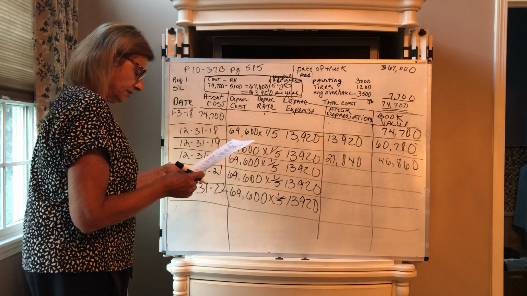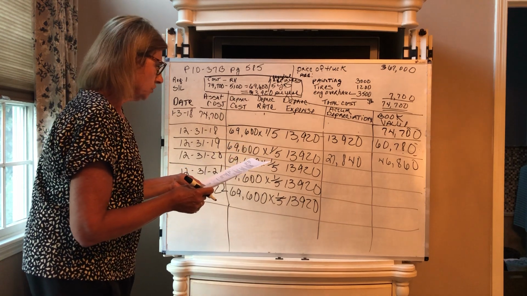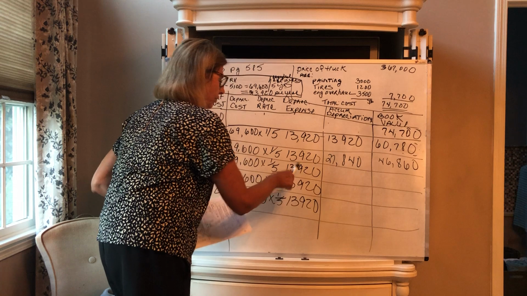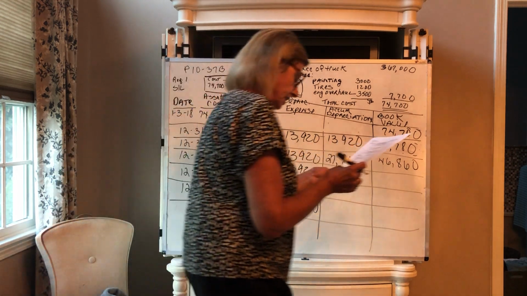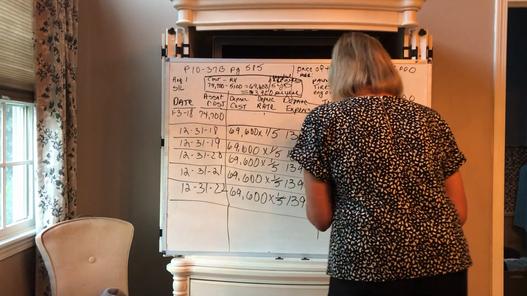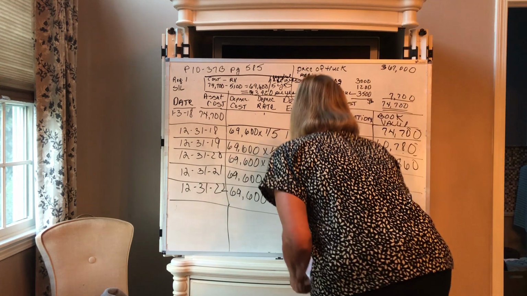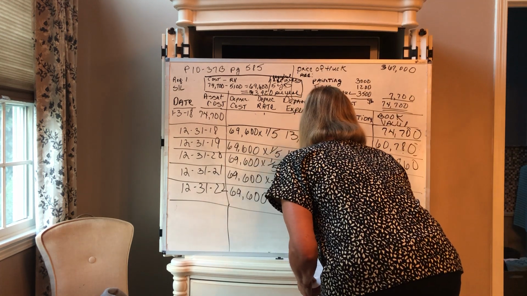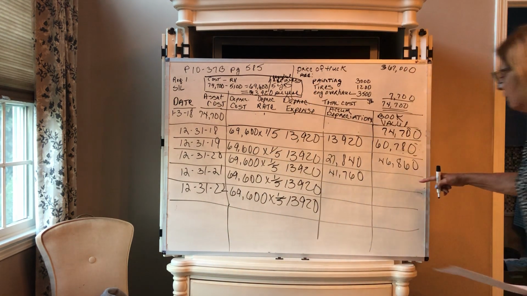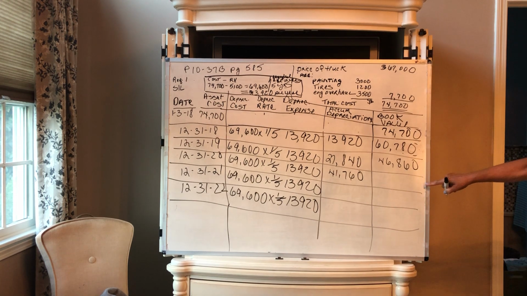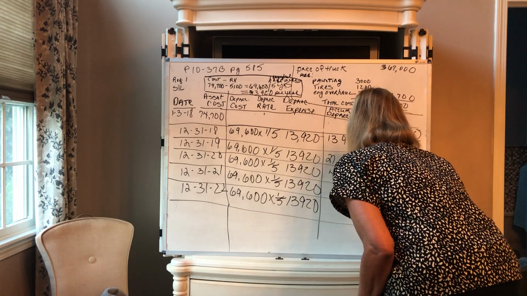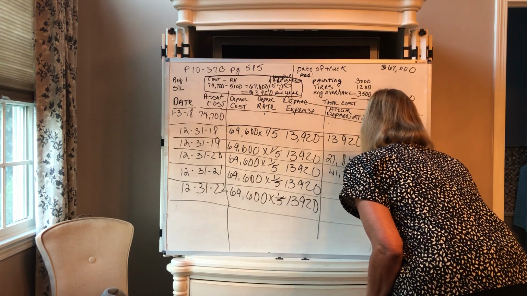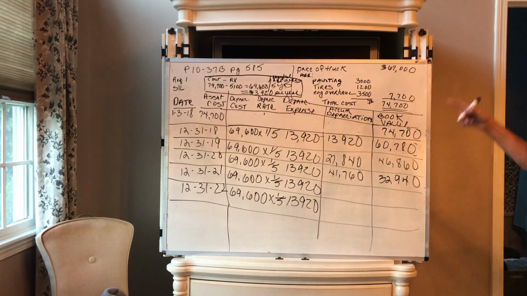You can't depreciate the residual. So now our accumulated is the 27,840 plus the new depreciation expense for the new year, and we're up to 41,760, which means the book value now, at the end of the 3rd year, is down to 32,940. Okay, again, it's coming down evenly.